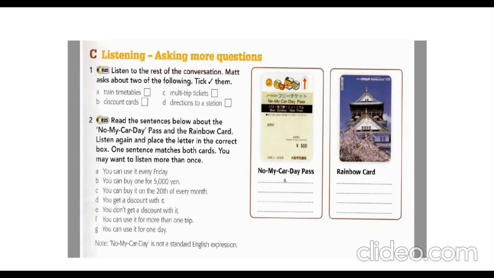So, how long can I use a 5,000 yen card for? It depends on where you go on the train. Okay. So, will the money come off the card? Yes. So, how does it work with the ticket machine at the gate? The same as a normal ticket? Yes, exactly the same. Okay. Thank you very much. You're welcome.